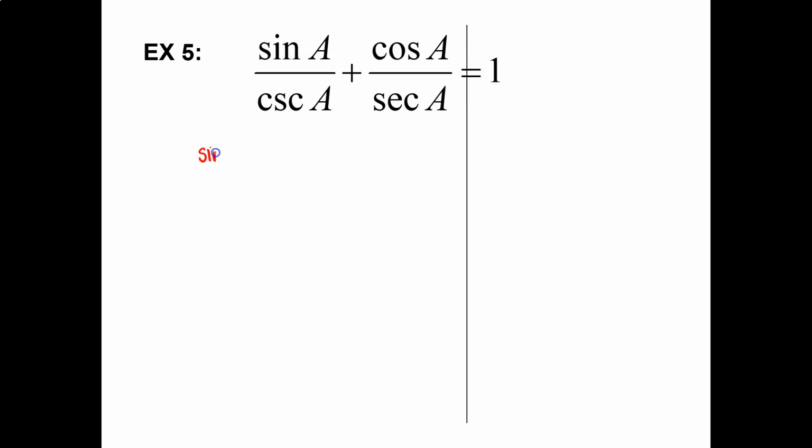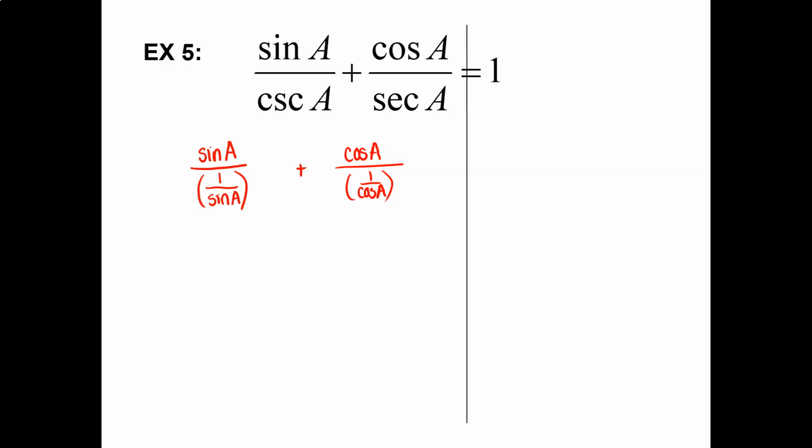I'm going to do sine of A over 1 divided by sine of A. And then I'm going to do the same thing over here for the secant. Cosine of A over 1 divided by cosine of A. And so dividing fractions is easy as pie.